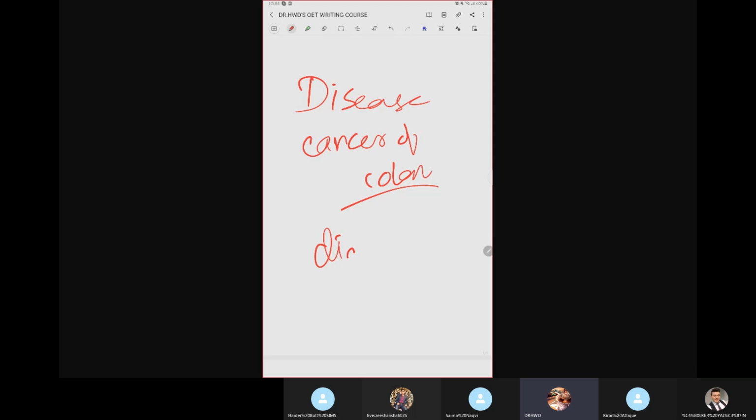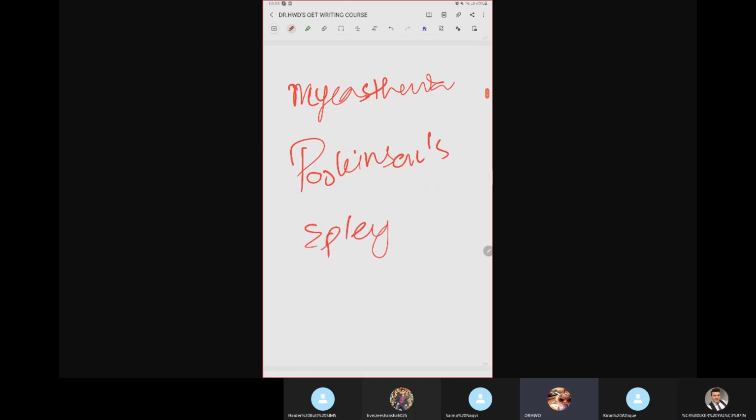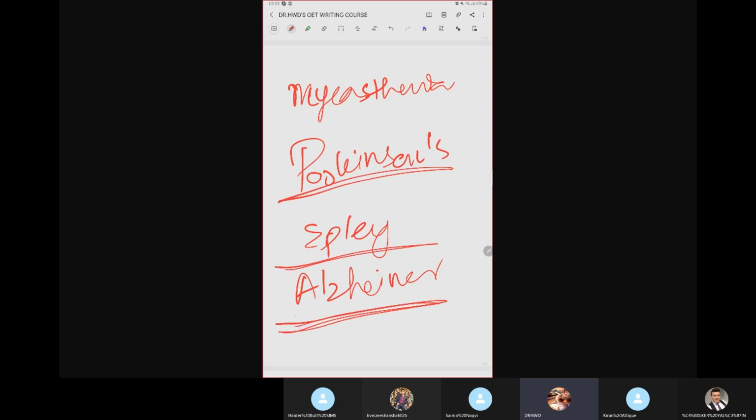When you're saying diabetes, you don't have to capitalize the D. When you're saying epilepsy, you don't have to capitalize the E. When you're saying myasthenia gravis, you don't have to capitalize the M. But when you're saying Parkinson's or Alzheimer's, that's when you capitalize it, when it comes under the name of a discoverer. That's when you capitalize the disease names, their first letters. If not, you'd be using lowercase. Is that clear?